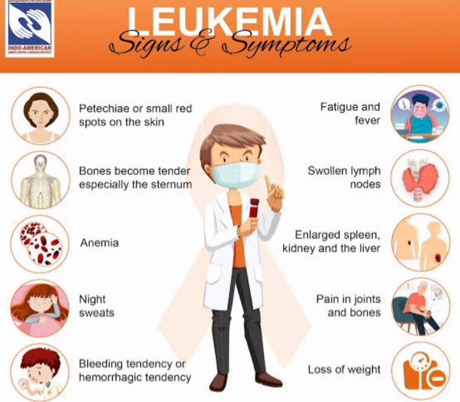First of all, as usual, ABC, airway, breathing, circulation, dehydration status, vitals. We involve a senior here. The treatments are blood transfusions, antibiotics, bone marrow transplantation, which is curable, and chemotherapy, radiotherapy. The chemotherapy drugs are vincristine, cyclophosphamide and prednisolone.